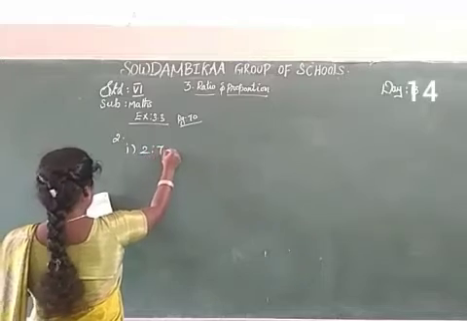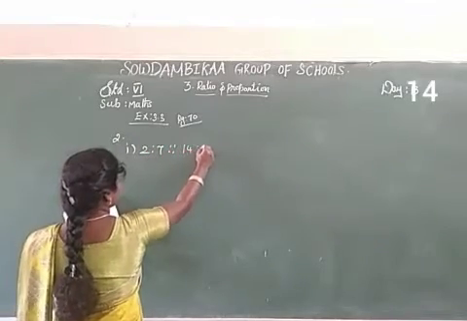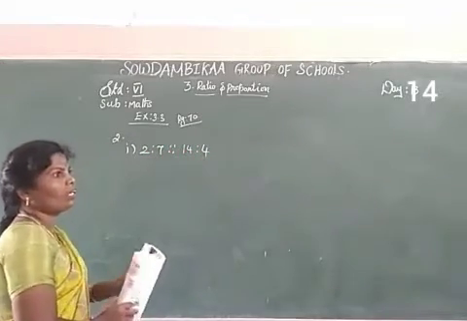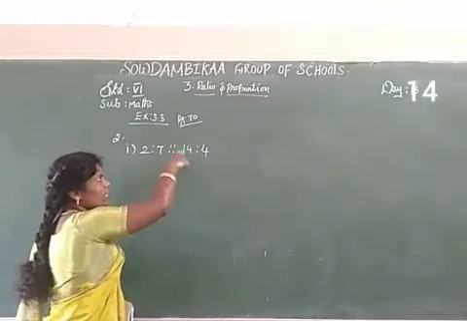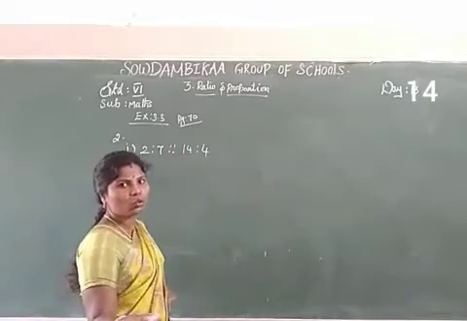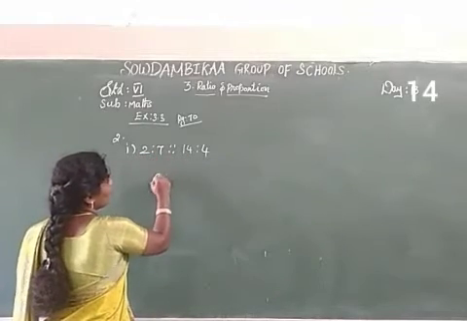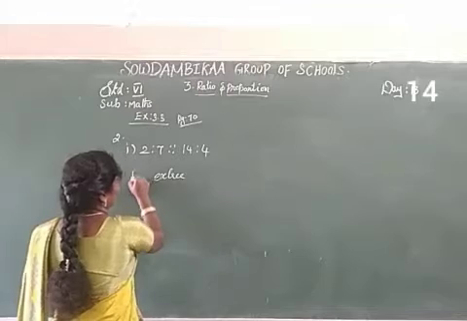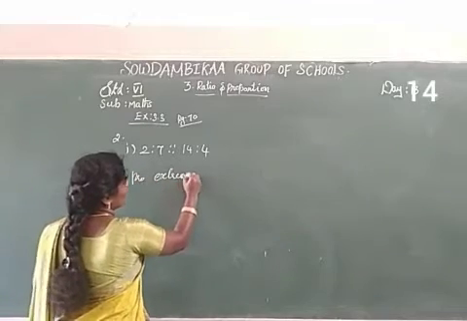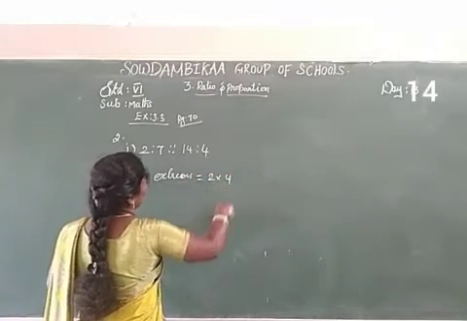2 is to 7, 14 is to 4. The product of extremes and the product of means: if equal, it is true; if not equal, false. Now multiply. Product of extremes: 2 into 4.